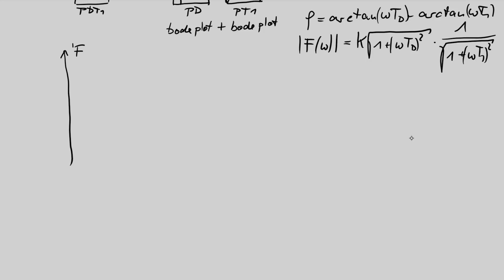F magnitude in dB of the PD block. That is the logarithmic factor of omega. Now just draw this one. We could do this in different colors. So this should be a black line.